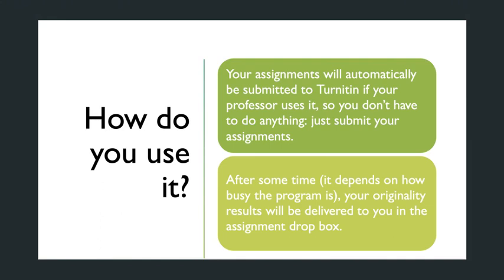It could be anywhere from 20 minutes to 24 hours before you see the results. The time cannot be guaranteed because it depends on how busy the semester is and how many students are using Turnitin. So if you plan to use Turnitin to check your work before you submit your final assignment, make sure that you leave yourself time so that the results can come back.